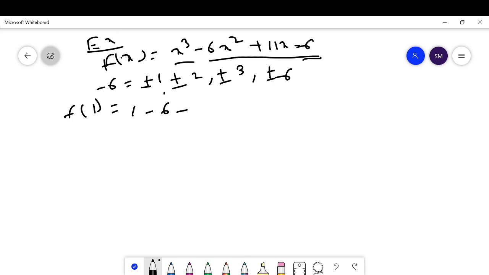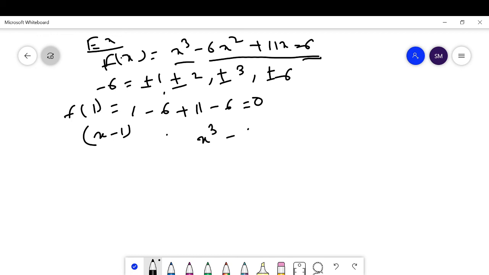Then find f(1): 1 minus 6 plus 11 minus 6, which is equal to 0. As f(1) is equal to 0, this shows that x minus 1 is a factor of f(x). Then divide f(x) by x minus 1.